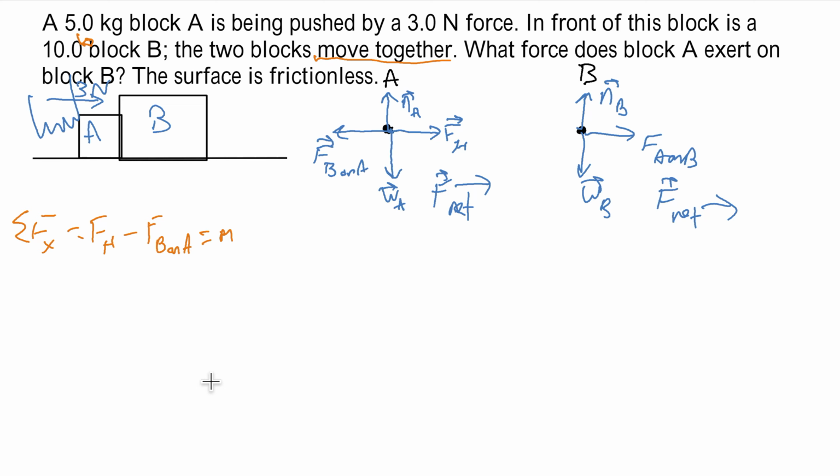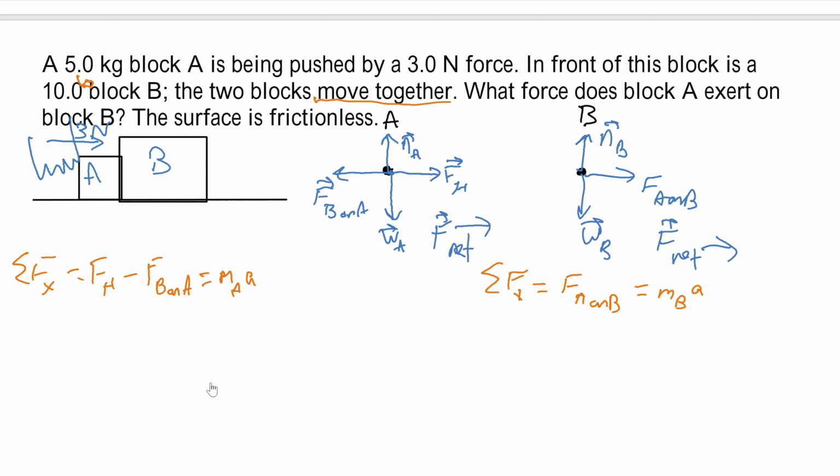So a sub A and a sub B are actually the same thing. We can call them a sub x, the acceleration in the x direction. So let's go ahead and change those right now.